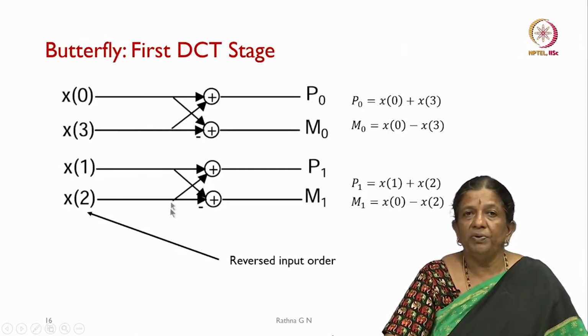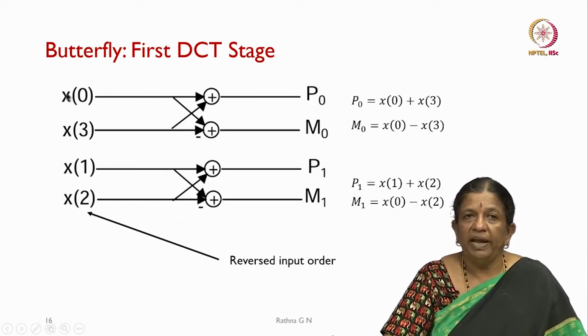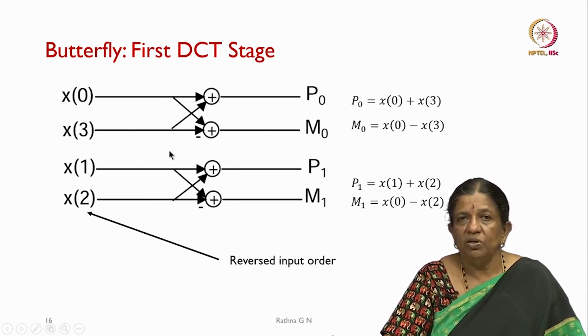So, how are we going to represent it in the butterfly form? We know that x0 and then x3 is going to be minus. First one is x0, we are going to take x3 to this, x0 plus x3 is my P0 output, and later on x0 minus x3 will be my M0.